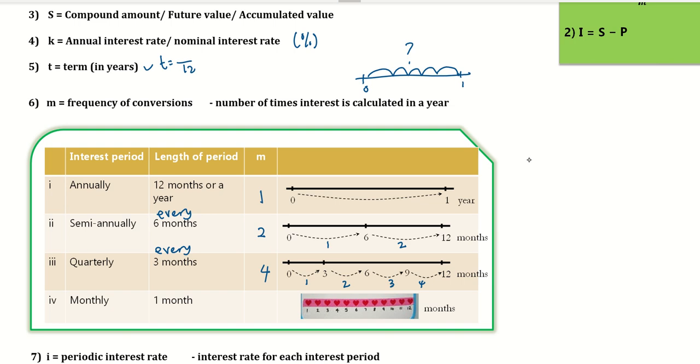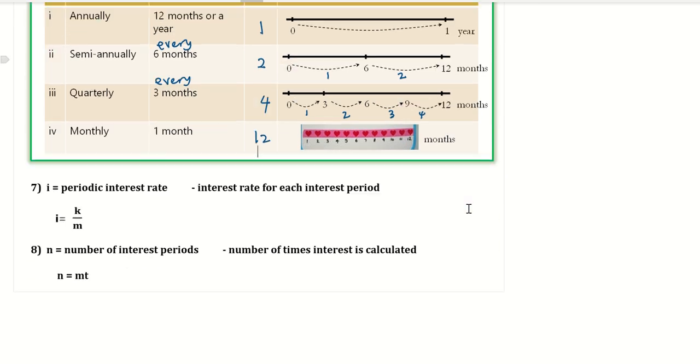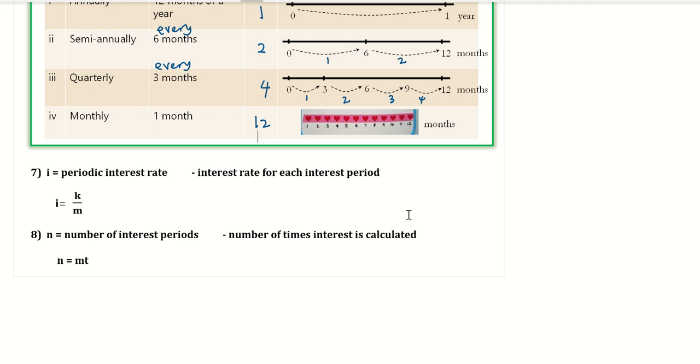So M is equal to 12. Number 7, I. I is the periodic interest rate, in percentage. The periodic interest rate is the interest rate for each interest period, and the formula used is K over M: the annual interest rate divided by the frequency of conversion.